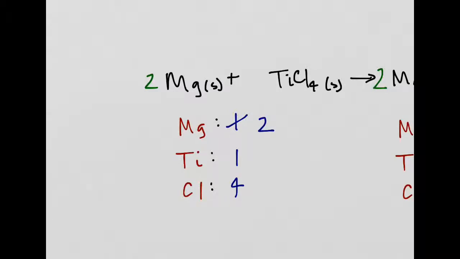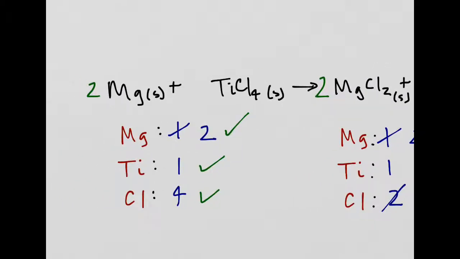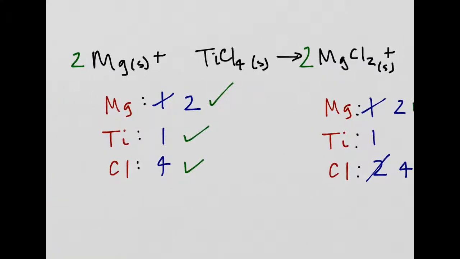I can change that to 2. And you can see it doesn't change anything with our titanium or our chlorine. Right? And now we can see that we have the same number of magnesiums both on the reactant side and the product side. So all we needed to do to balance this equation was put a coefficient of 2 in front of magnesium, coefficient of 2 in front of magnesium chloride, and we have a balanced equation.